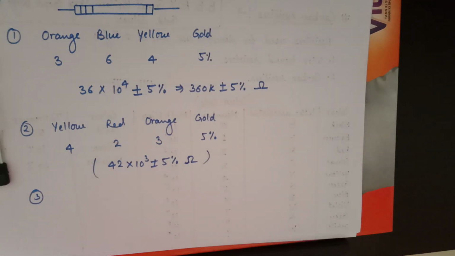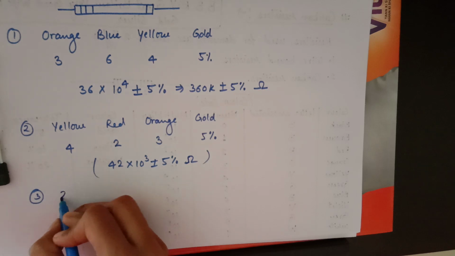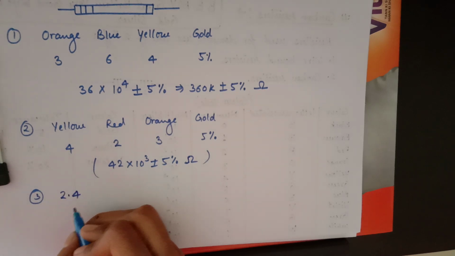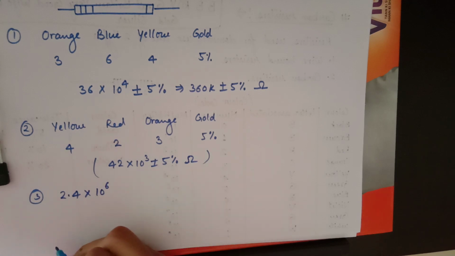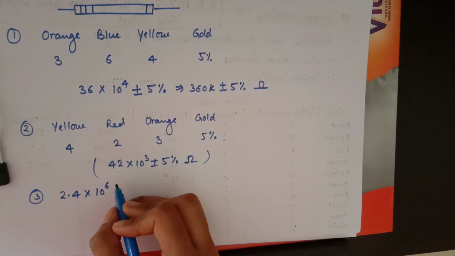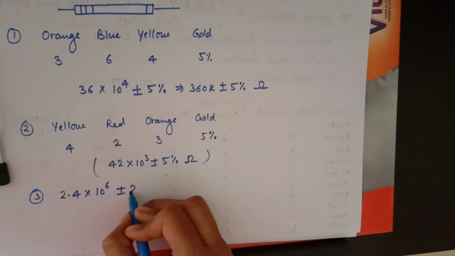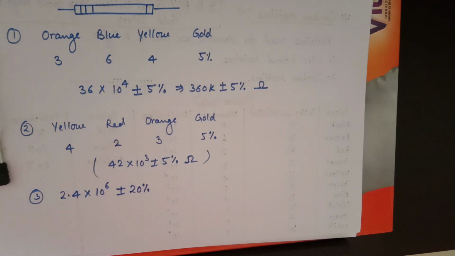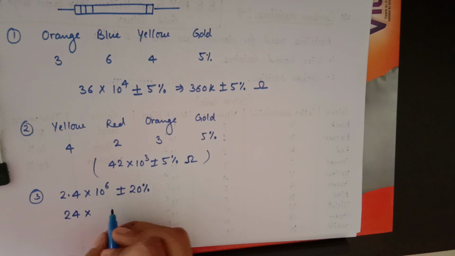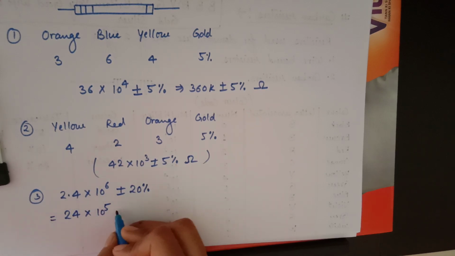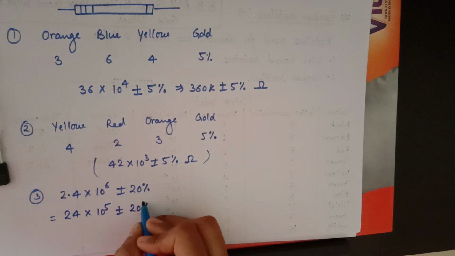In the next question, the value of resistance is given and you need to find the colors in it. So the value of resistance is 2.4 into 10 raised to power 6 plus minus 20%. So plus minus 20% is for no line. So first we will write it in the form of 24 into 10 raised to power 5, 24 into 10 raised to power 5 plus minus 20%.